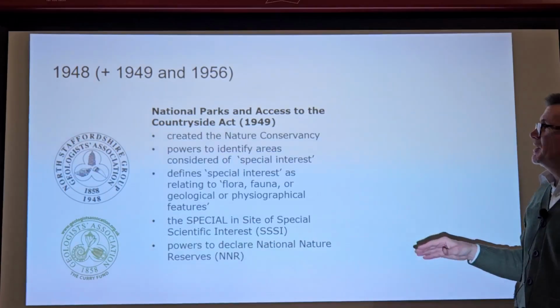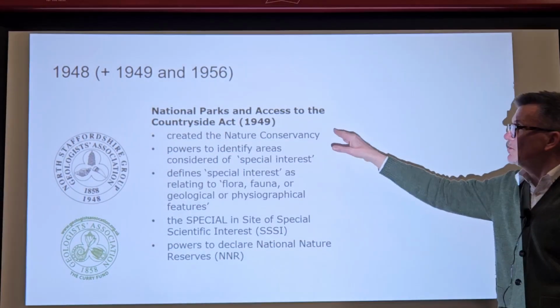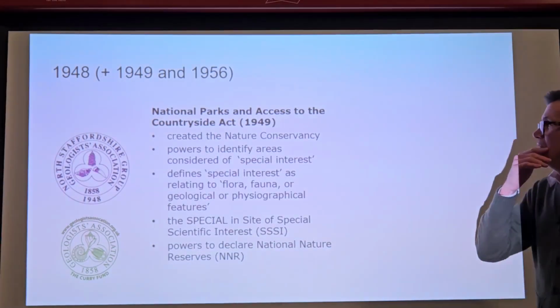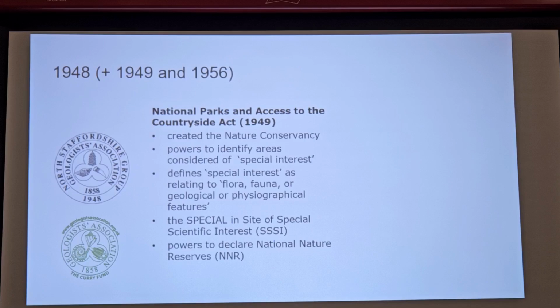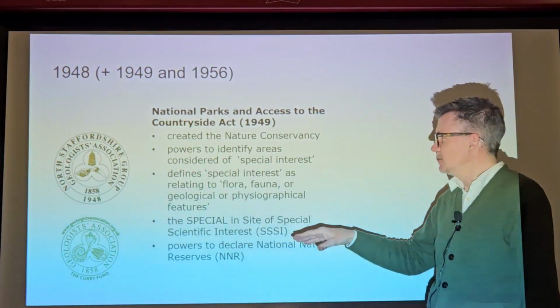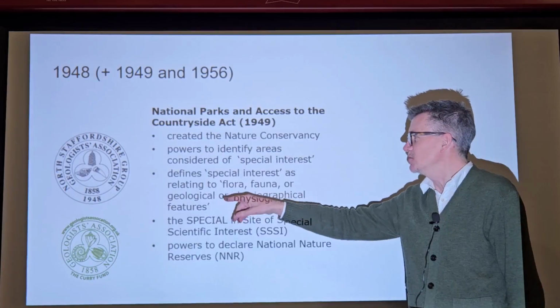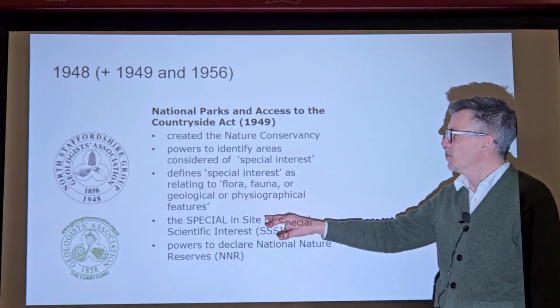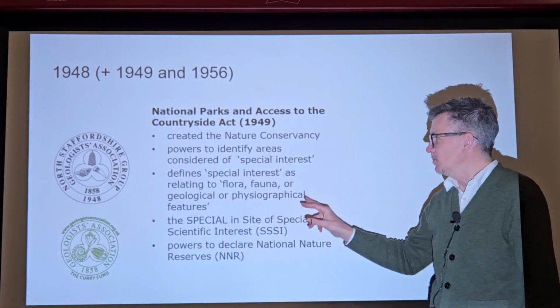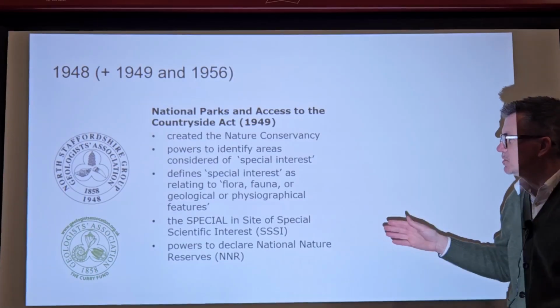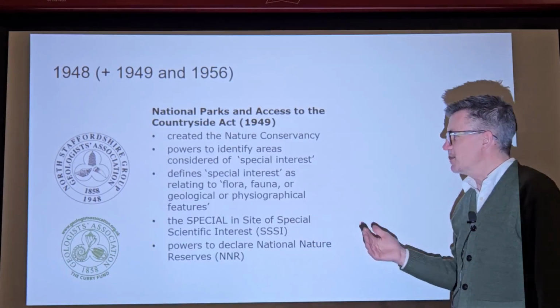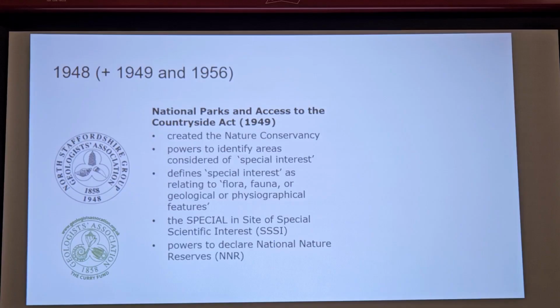It gave the Nature Conservancy the powers to identify areas which were considered of special interest, special value, and it defined what it meant by special as relating to the flora, the fauna, or the geological or physiographical, morphological features of a place, a location.